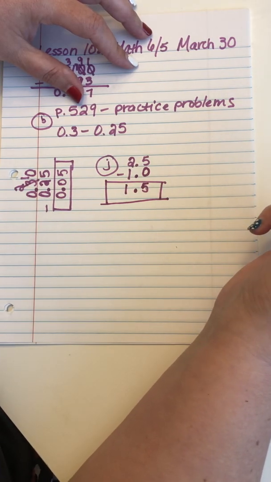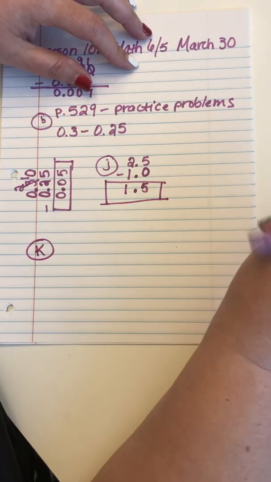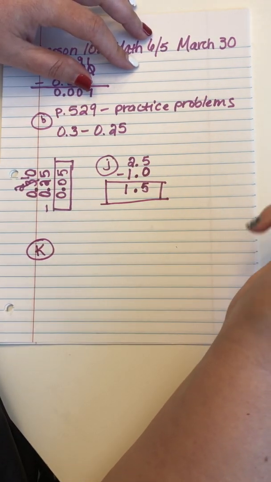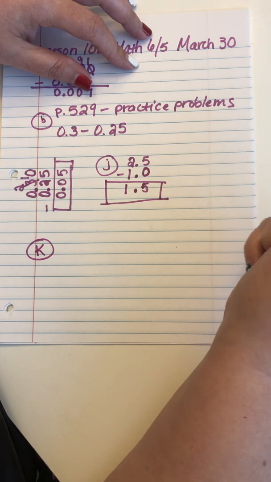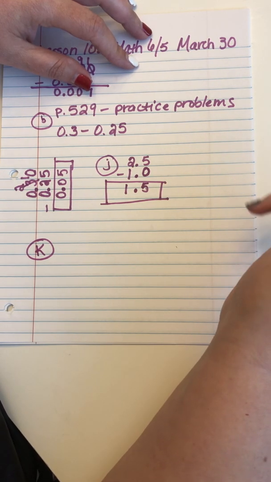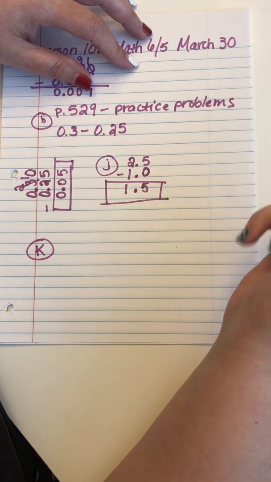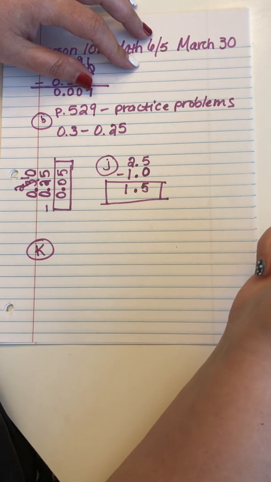Okay, and the last one I'm going to do with you is K. If we read it, it says Angela poured 1.2 liters of soda pop from a full 2-liter container. How much soda pop was left in the container? First of all, we know they're not from Texas because we don't call it soda pop. I would have written this as Angela poured 1.2 liters of Coke.